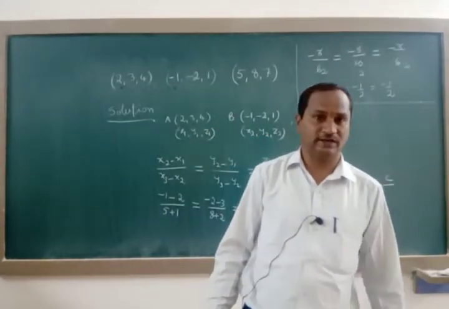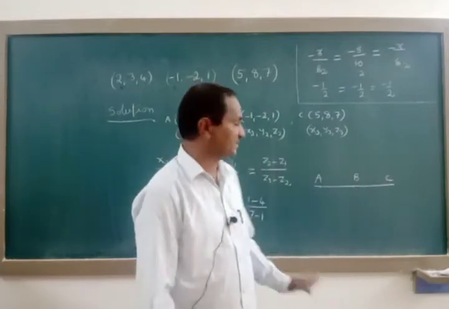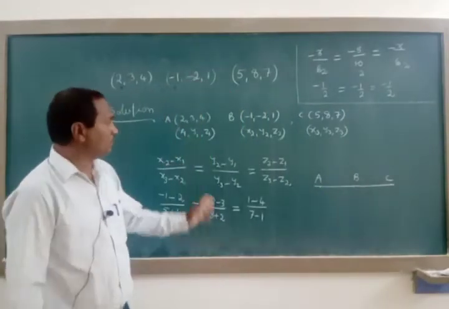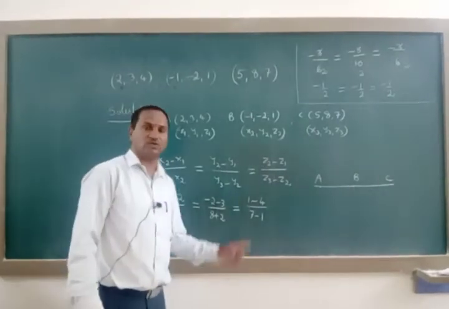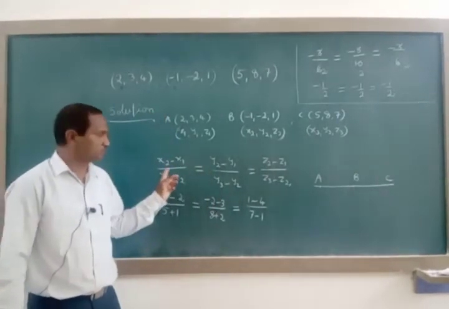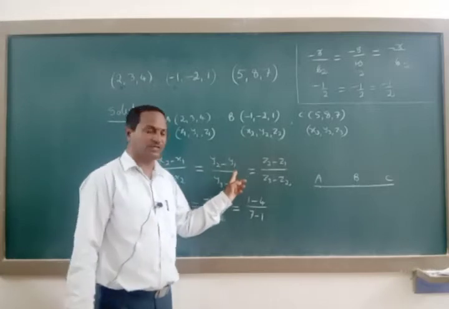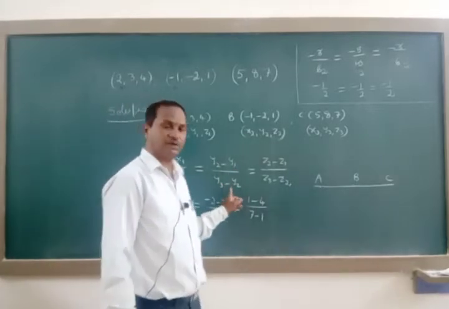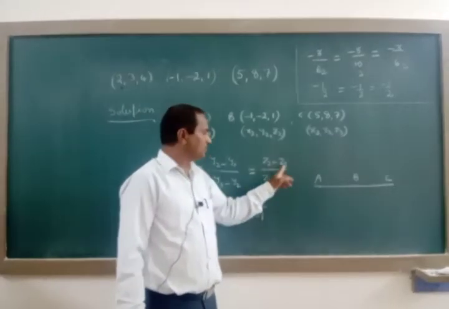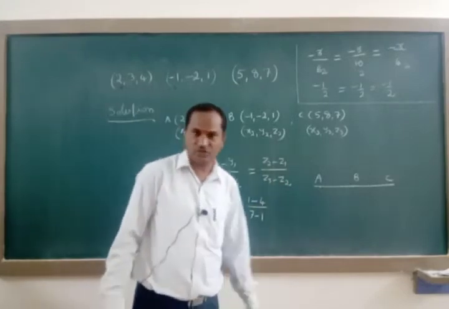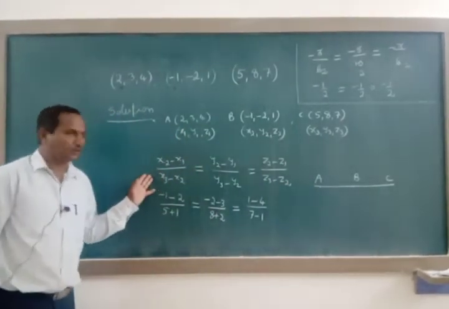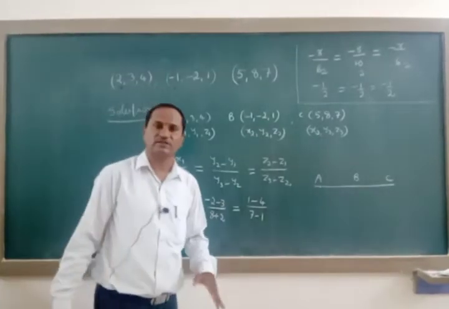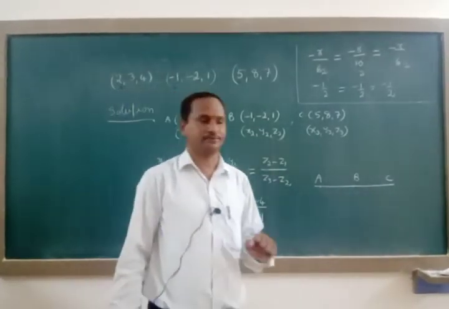That is, the condition for 3 points to be collinear is x2 minus x1 whole dividing by x3 minus x2 is equal to y2 minus y1 whole dividing by y3 minus y2 is equal to z2 minus z1 by z3 minus z2. Any 3 points that satisfy this condition are said to be collinear.